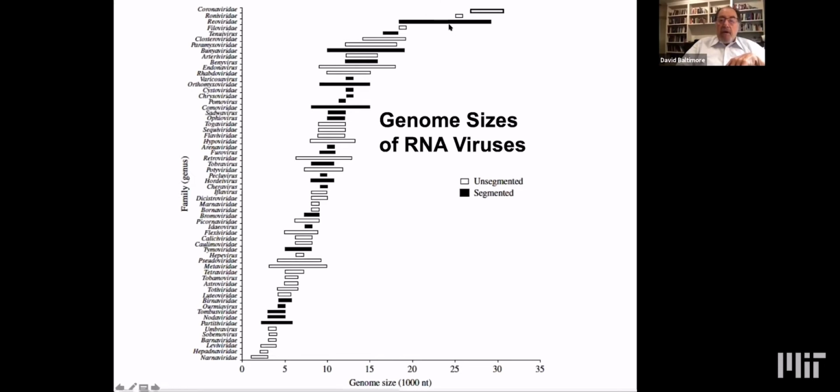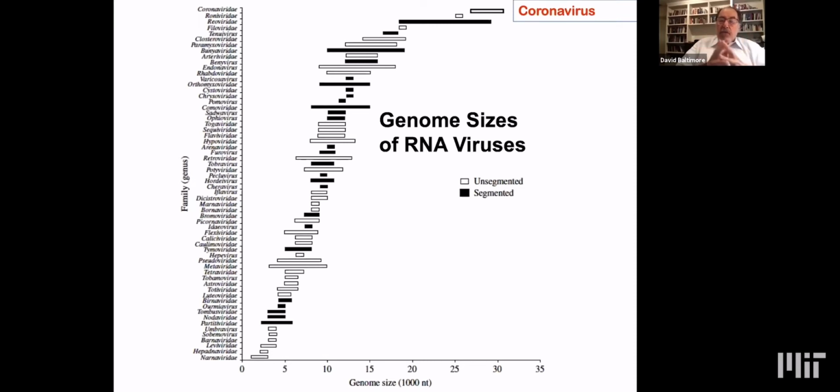These viral genomes are segmented. Like flu, they have 8 different segments in influenza virus. So that's not a single strand of RNA, except for this one virus way out here. And that's the coronavirus, which is much larger than all of these others.